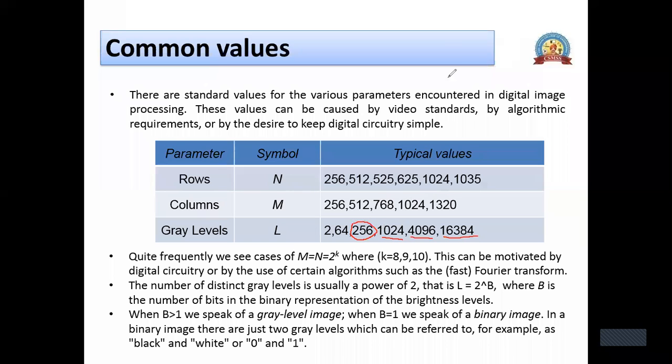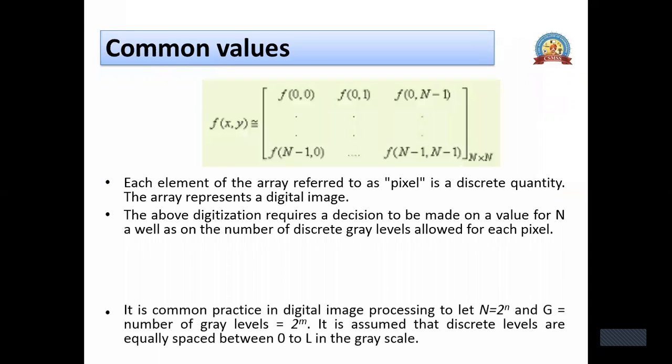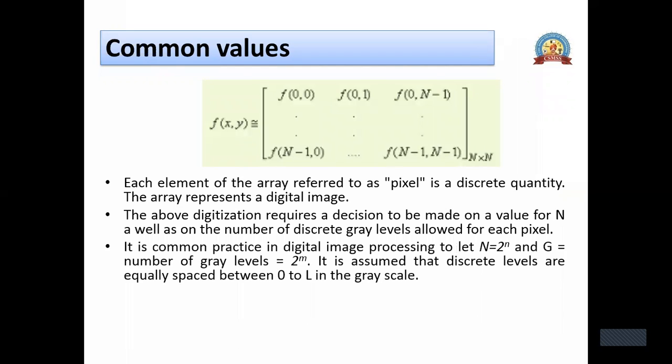Okay. Later on, while we do practicals, at that time also you can see that 256 is the most common among all these values. So most of the time we have square images, so the N and M values will be the same.